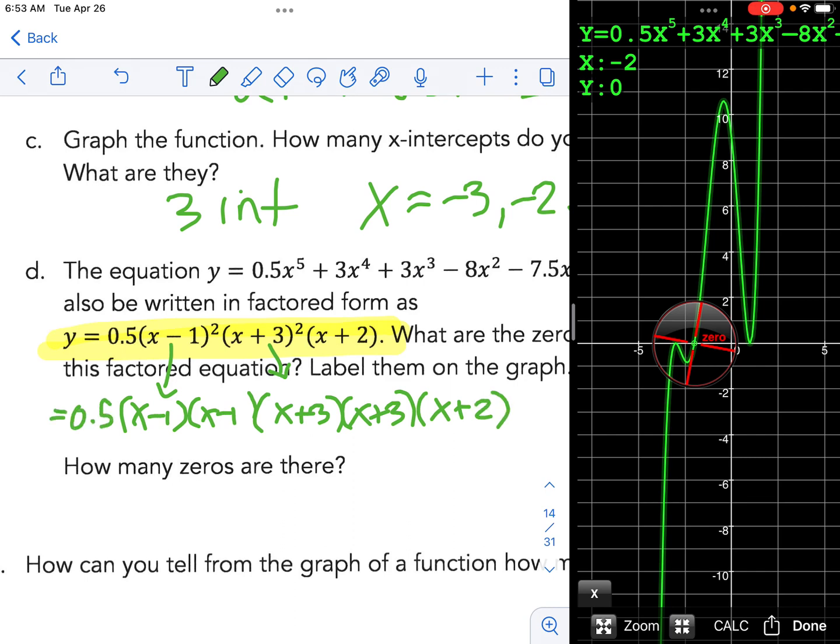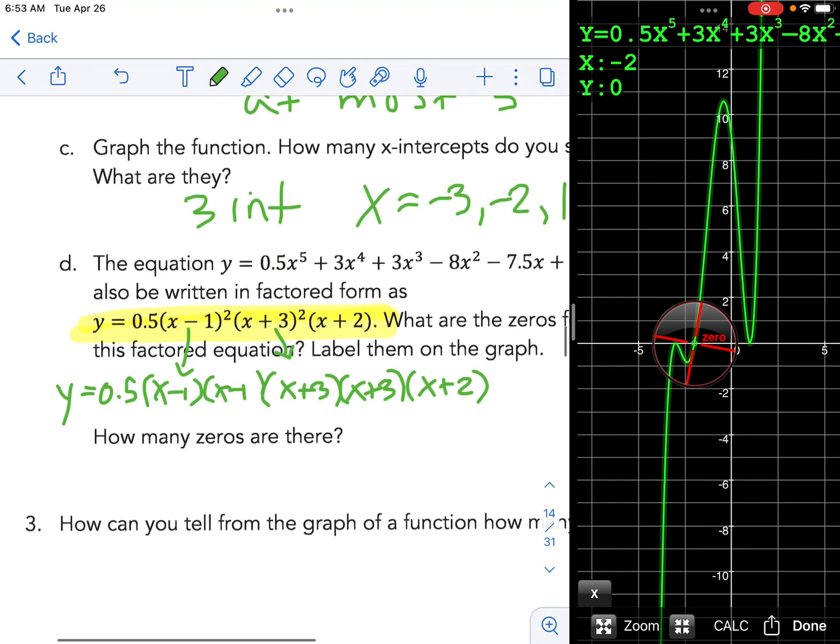Notice we know what a is. Remember how we are always leaving that as a? We know a is 0.5. We can actually even see it here, right? A is 0.5 in this case. So we know we really have 1, 2, 3, 4, 5 zeros in all reality. We have 5 zeros, and they are x equals 1 and 1 again, and -3 and -3 again.